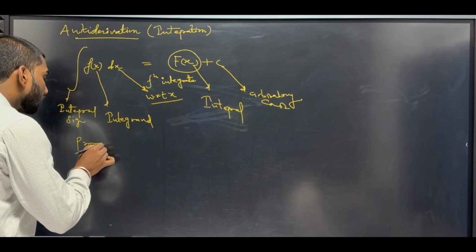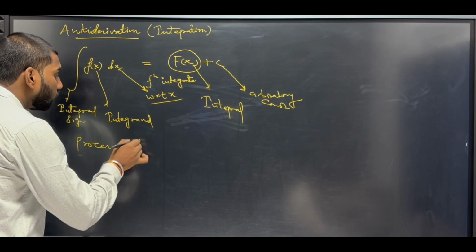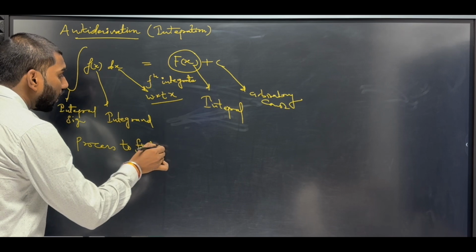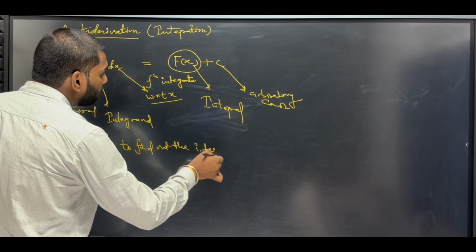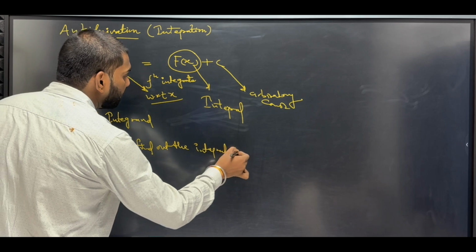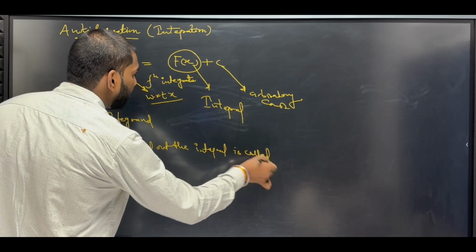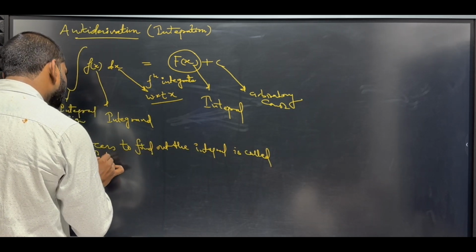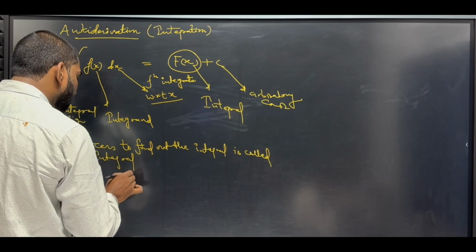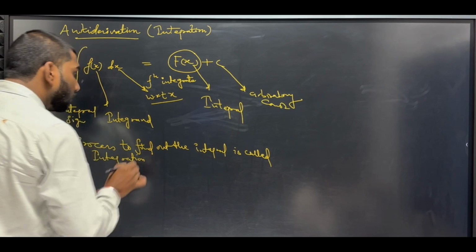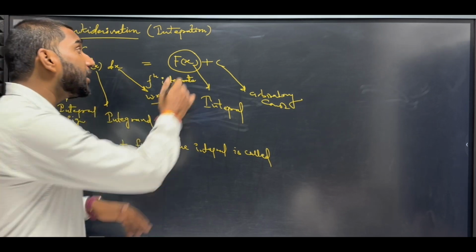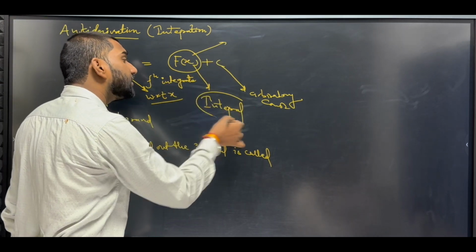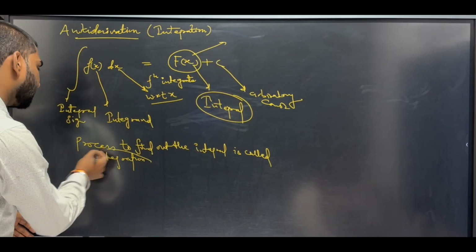Sir, then what did you say to me integration is? Integration is the process to find the integrals. The process which is used to find that F(x), that integral, is called integration.